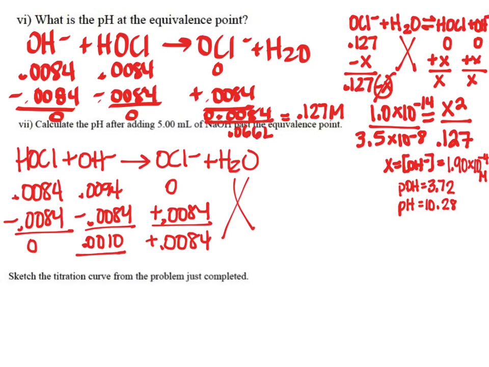And then we added 42 of the base and then 5 on top of that. 71, so 0.071 liters. So my molarity of hydroxide ends up being 0.014.